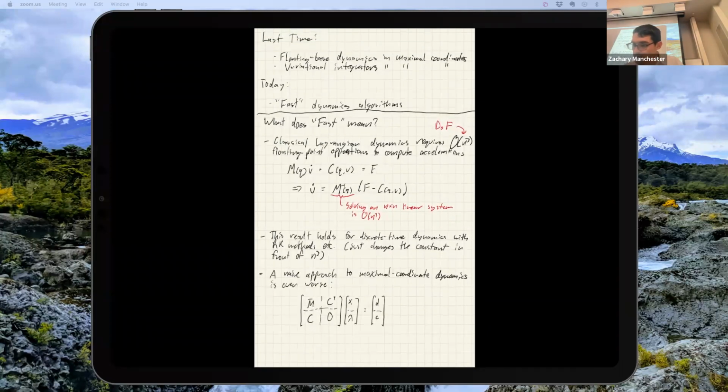So we just have to solve this linear system. This is a much bigger linear system. This guy is now n bodies plus n constraints, cubed, right? So this is really kind of terrible in that, in the minimal coordinate story, if I have fewer degrees of freedom with lots of constraints, it gets cheaper.